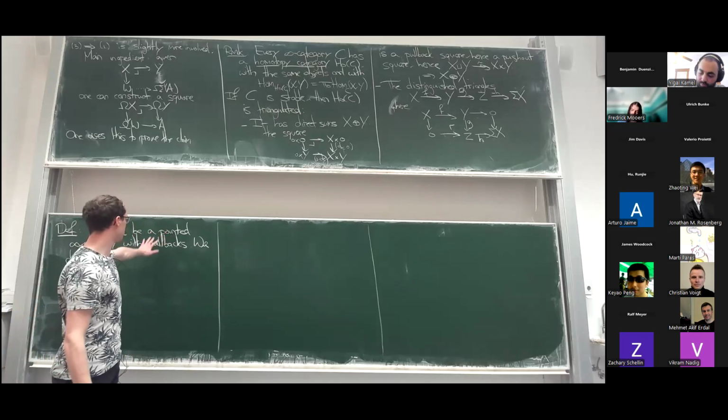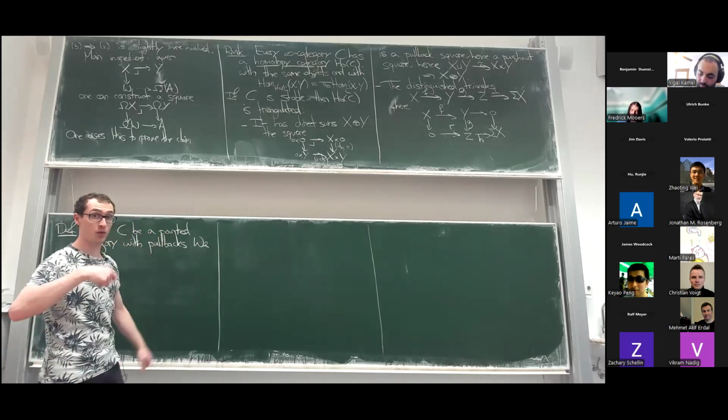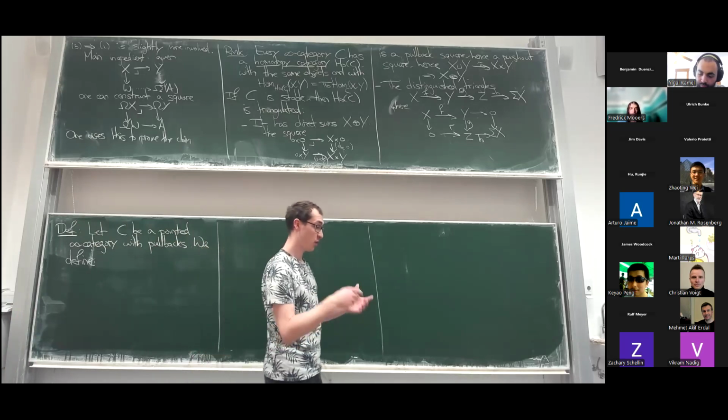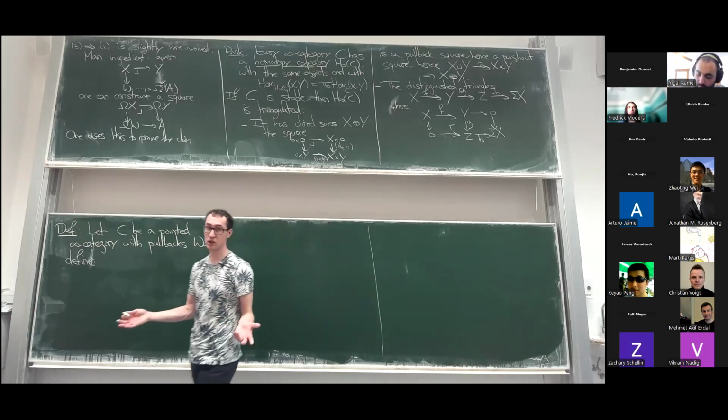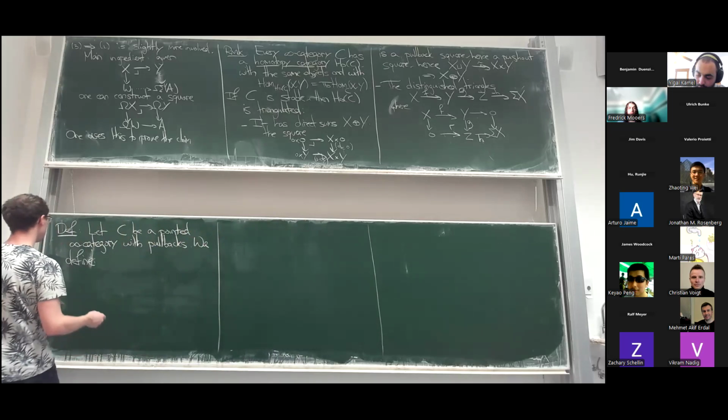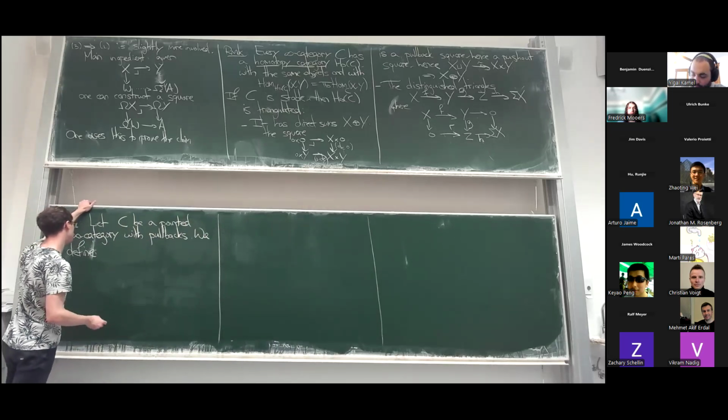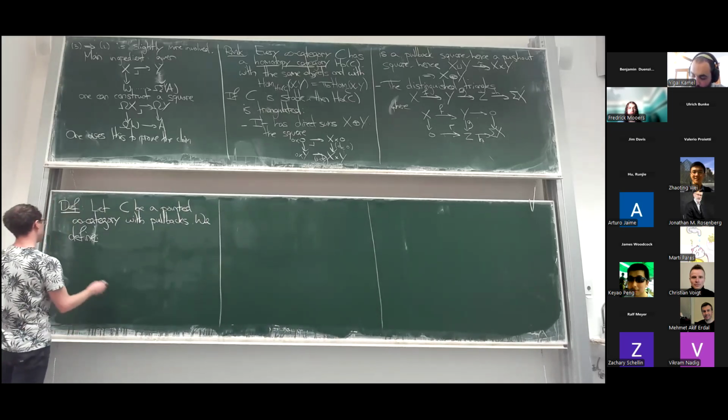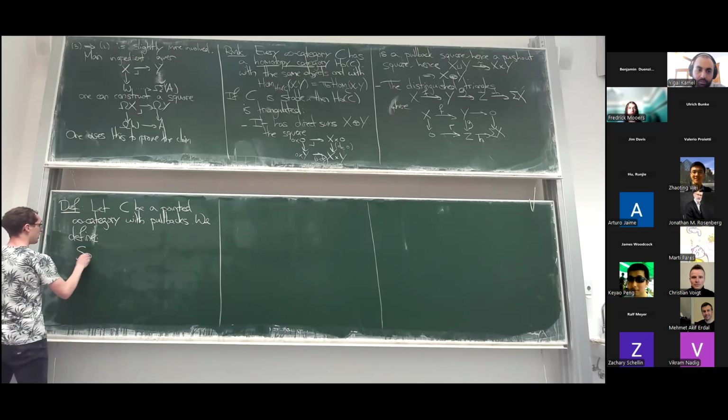So we assume it's pointed and it has pullbacks. In particular, we have the omega functor, and it's stable if omega is an equivalence, but it might not yet be an equivalence. So what we can do is just formally turn it into an equivalence by taking a certain limit.